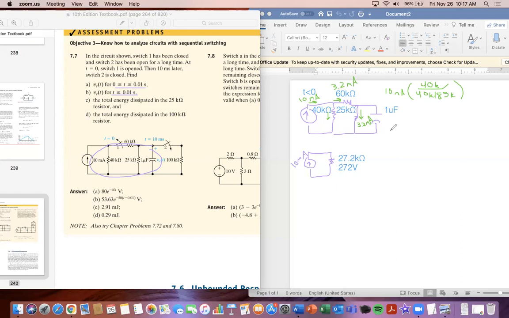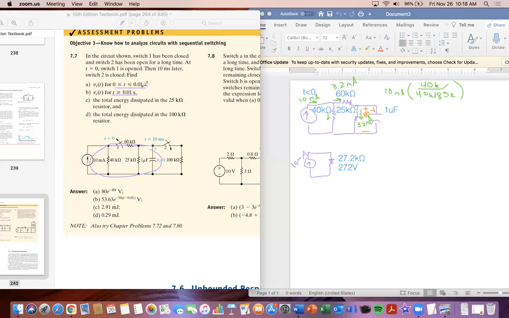So the voltage drop across the 25K, multiplied by the 3.2 milliamps, I got 80 volts. So here we got 80 volts. Yay.